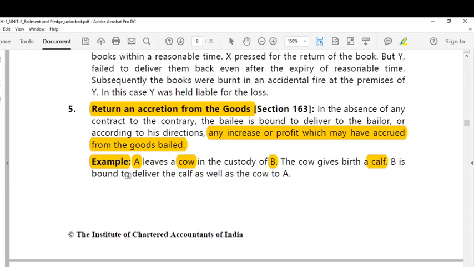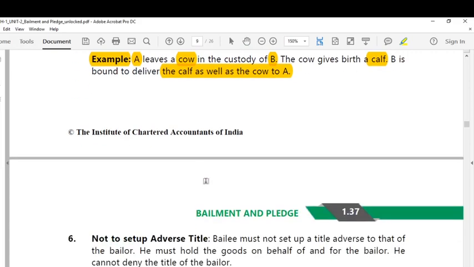So B is bound to deliver the calf as well as the cow to A, right? Here the calf is an increase or an accretion from the goods, and he has a duty to return both to the bailor. He cannot say, whatever was given only I will give, I will keep the calf. That is against the spirit of the contract of bailment, right?